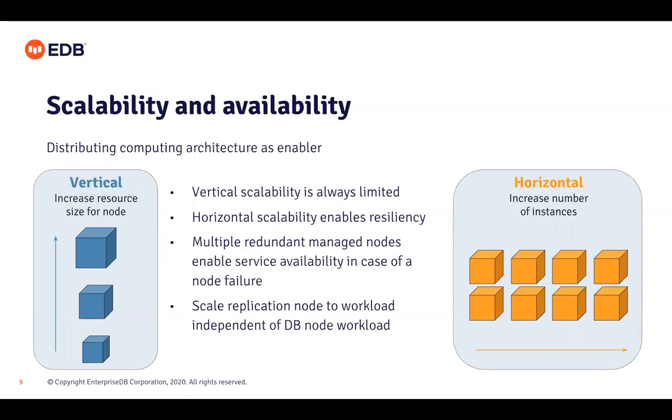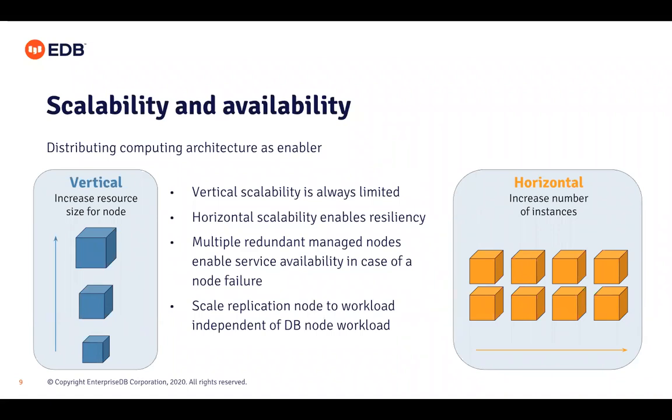The other approach, obviously, is horizontal scalability. What we see in the more cloud native motion is a distributed computing architecture whereby you can choose the right size physical node to run your service on, and then have multiple redundant nodes managed so that if any of them fail, you can have continued service availability by moving a workload to another active node.